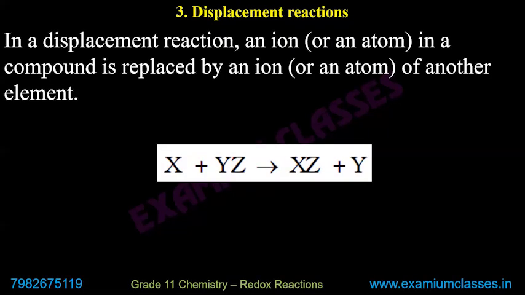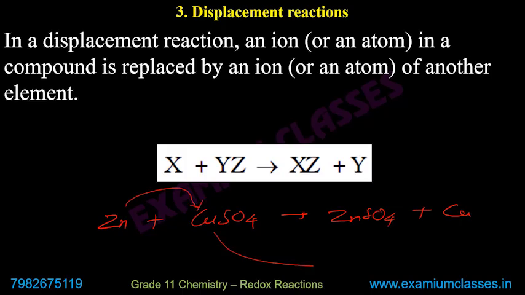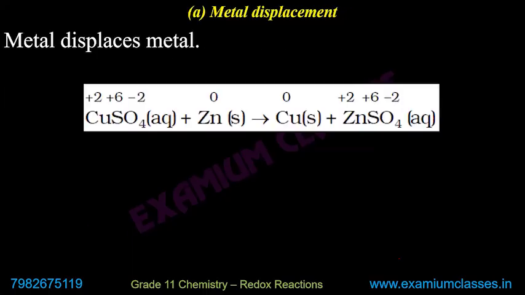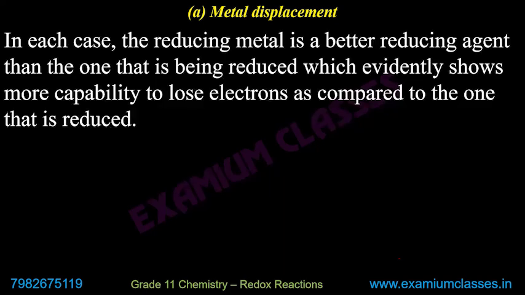You already know from your previous grades, in electrochemistry type of reaction, that zinc replaces copper from copper solution and produces zinc sulfate. So this is a type of displacement reaction where a metal displaced a metal.